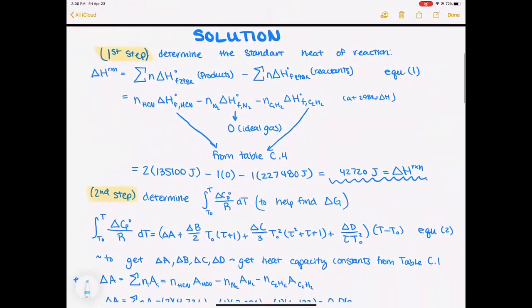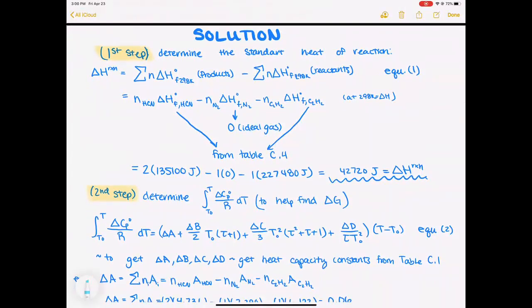Going to the solution, our first step is to determine the standard heat of reaction. And we can use equation 1 right there. So it's basically just the summation of the moles times the standard heat of formation of the products minus the summation of the moles and the standard heat of formation of the reactants.